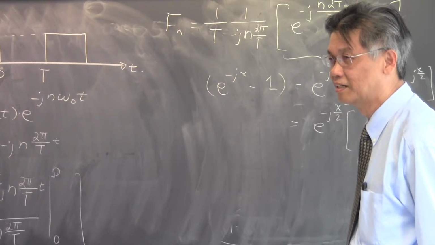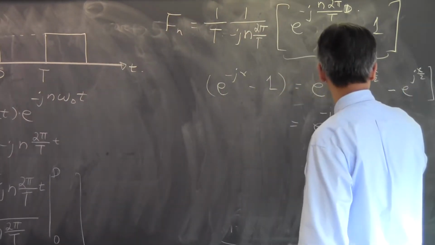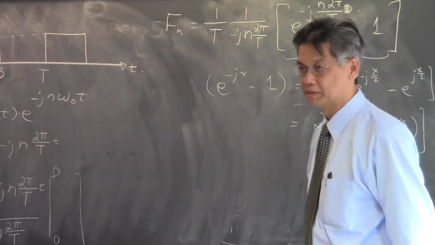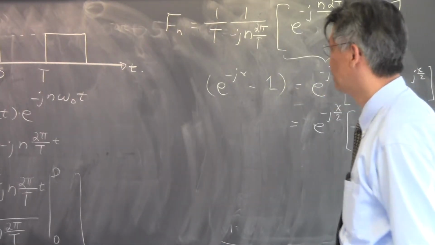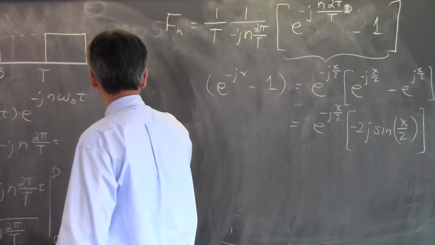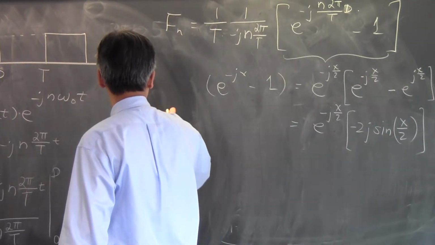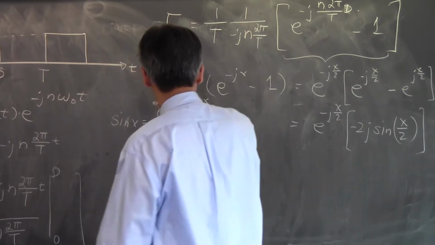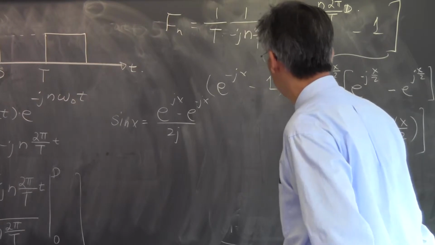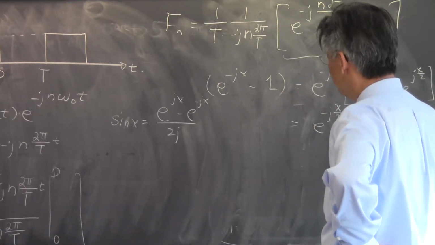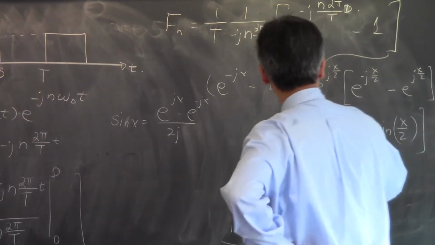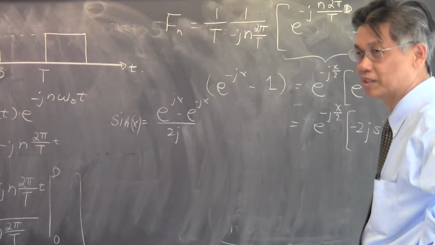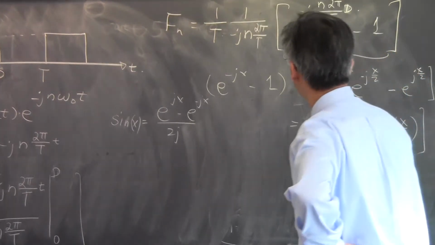Minus 2j sine of x over 2, am I right? Because sine of x is equal to e to the j x minus e to the minus j x over 2j. Yeah, I think I'm correct about that. If I apply this identity, that should be minus 2j, somewhere right there.